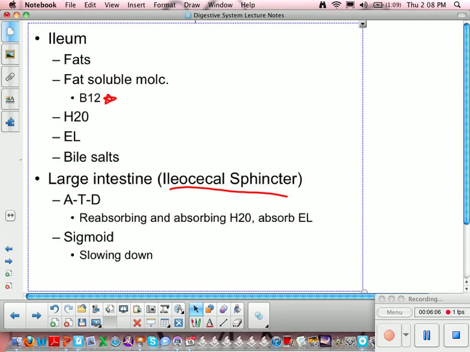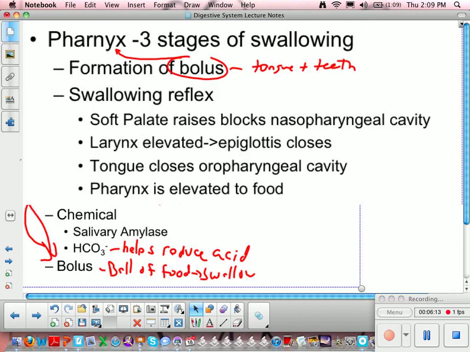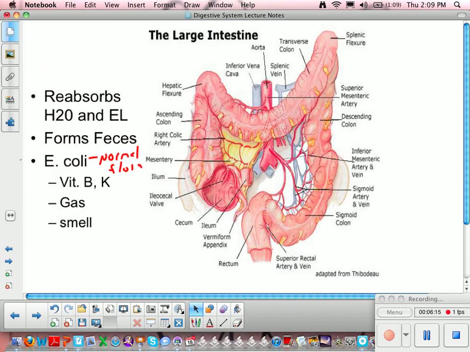What we're going to do is actually go back to that picture of the large intestine so that I can show you here the 3 parts or the 4 parts we really want to be concerned with.